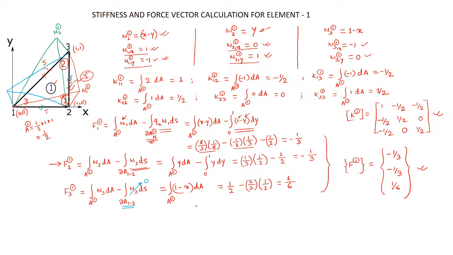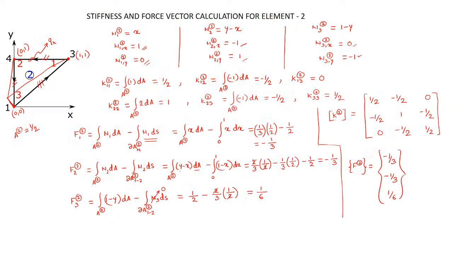So the limit will be from y equal to 0 to y equal to 1. That is exactly what we have written here. We are going in the anti-clockwise direction, so the limit here is from 0 to 1, and that is what has been done.